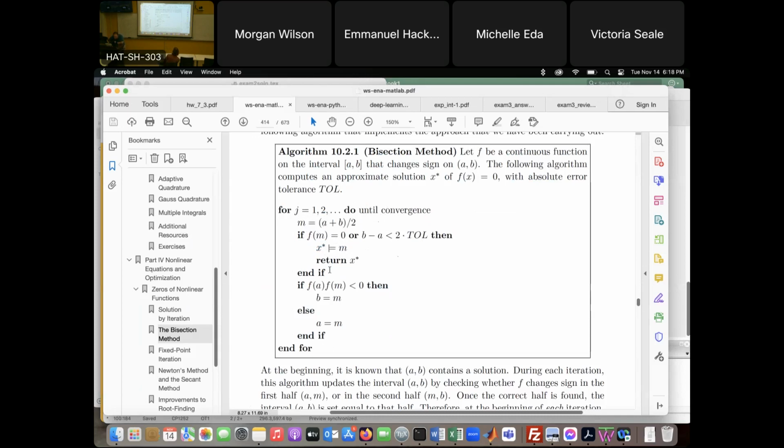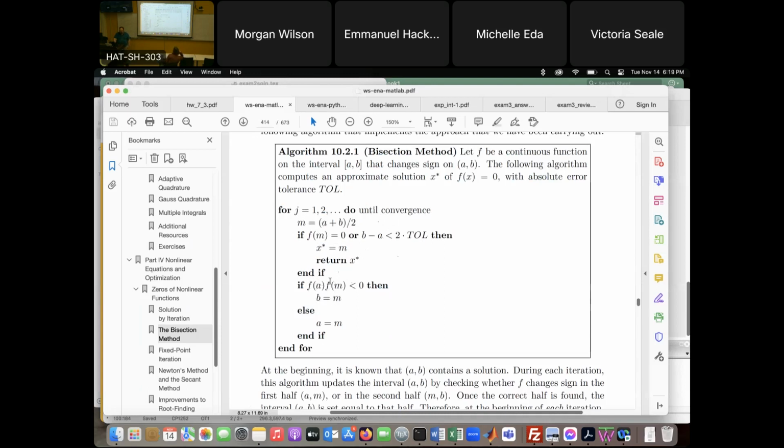Now, if I've not converged, then I continue the bisection. I check: do f(a) and f(m) have opposite signs? One way to check is by multiplying, because I don't care which one is positive and which is negative, just whether they have opposite signs or the same sign. If their product is negative, then I change my right endpoint to be the midpoint.